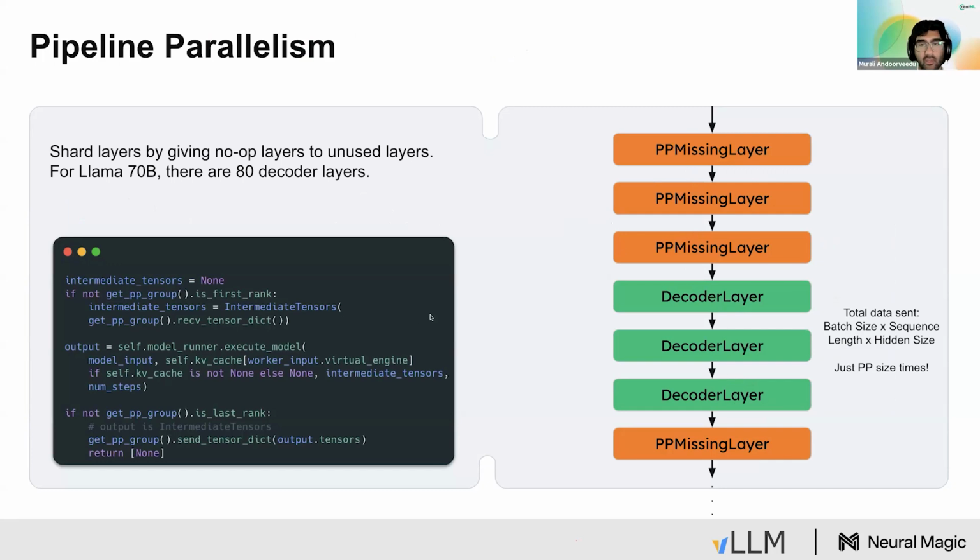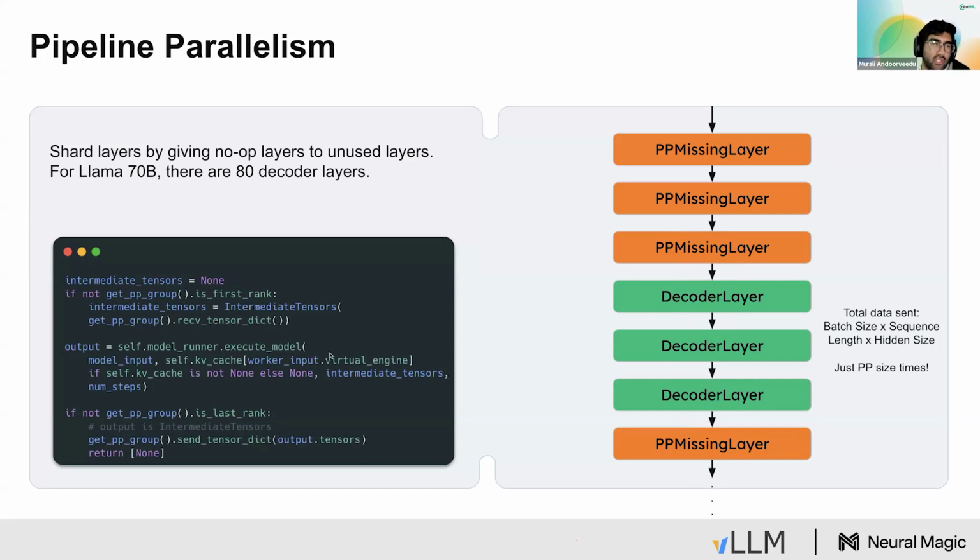Then we employ send and receive operations. So you can think of, over here on the right side, for one GPU, we have these 3 decoder layers. When we're getting a copy of the data from the previous GPU, we'll use a receive operation, and once we're done with our computation, we'll employ a send operation to send it to the next GPU.